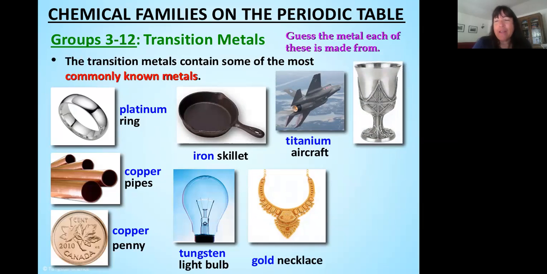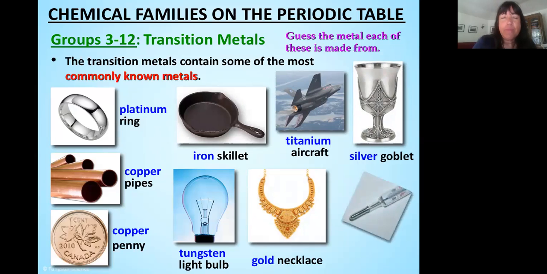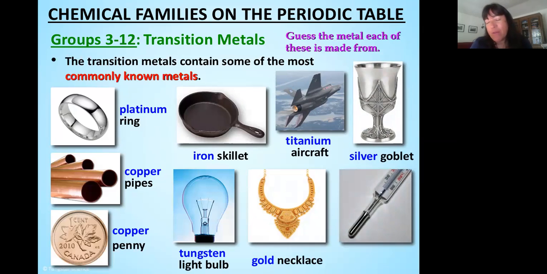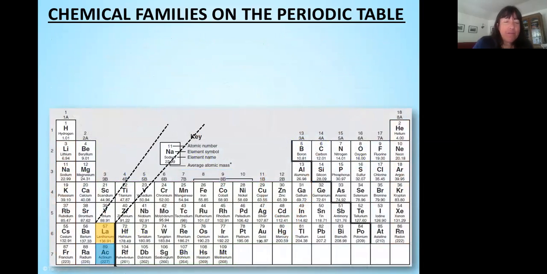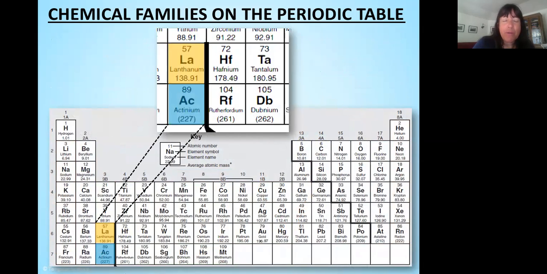Oops. And the last thing is a silver goblet. Okay, so these metals, they are very common. And the last thing we have here is a mercury thermometer, the liquid metal.